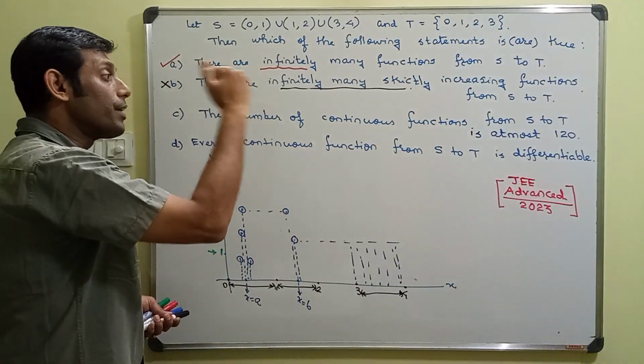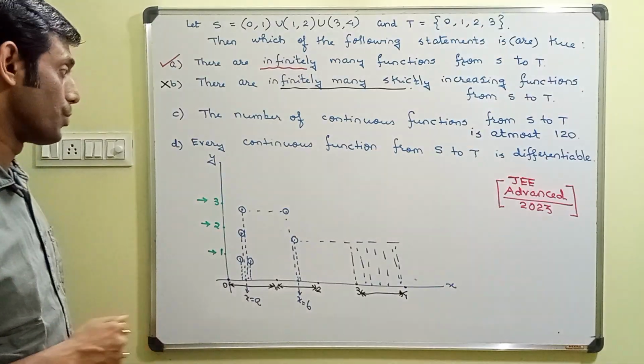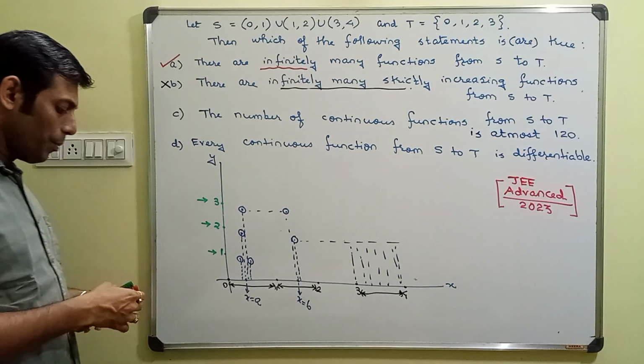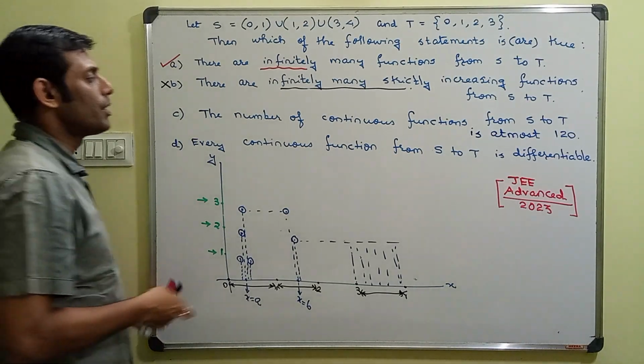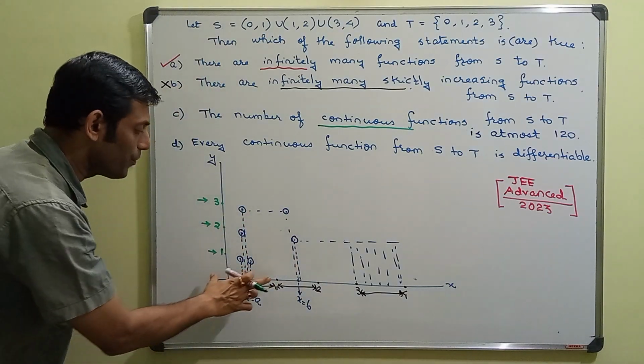The number of continuous functions from S to T. Now this is an amazing situation. Now you see, the moment you use the requirement of a continuous function, let's take the domain from 0 to 1.